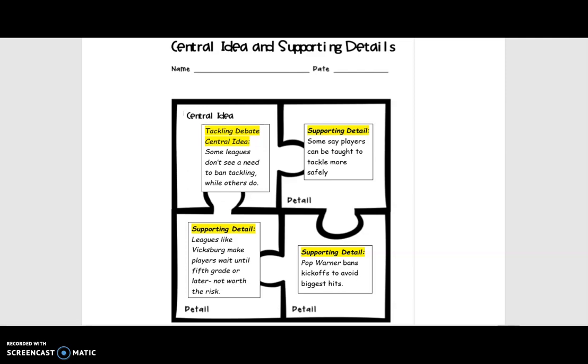Then you're going to answer a few questions, and you're going to fill in a graphic organizer just like this one. Remember, you can always look back at this graphic organizer example or at the anchor chart at the beginning of this lesson for tips on finding the central idea or supporting details.